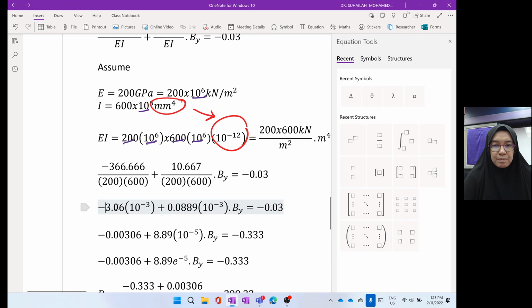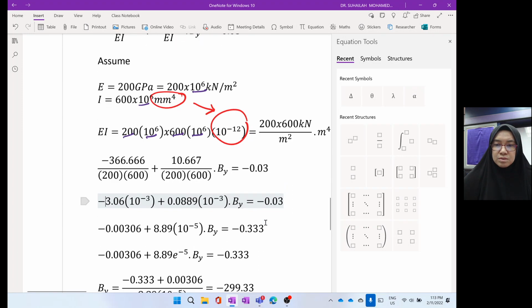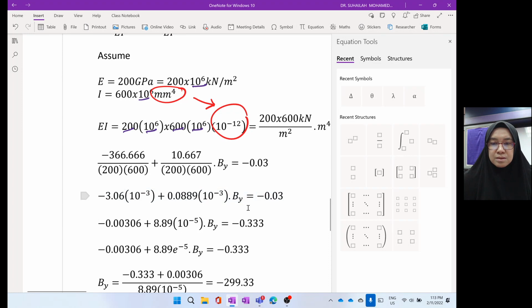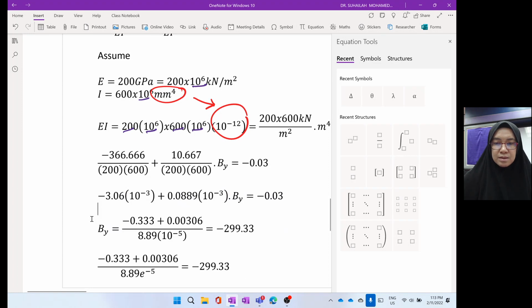So plus lah kan? We divide by 0.0889, exponent negative 3. We get 303. 303.037. Kan, so ambil yang ni.